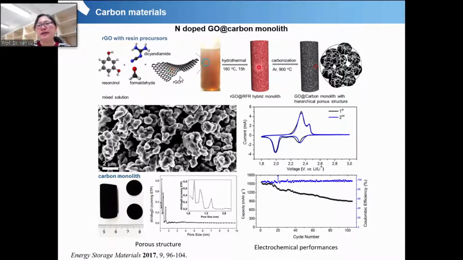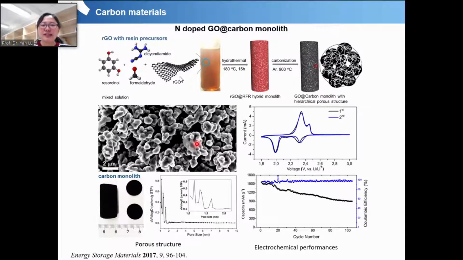And the synthesis can be done very straightforwardly. We first do the hydrothermal synthesis, using the autoclave, and then you get a kind of hybrid monolith. Then we do the calcination to transfer this RF resin to carbon, and then you will get such a carbon monolith.